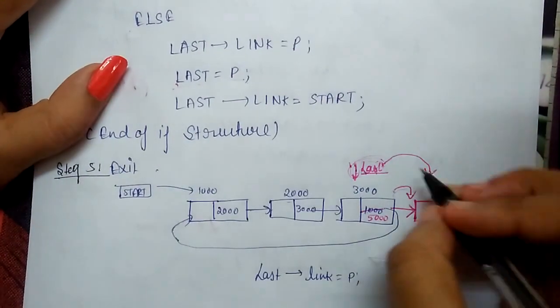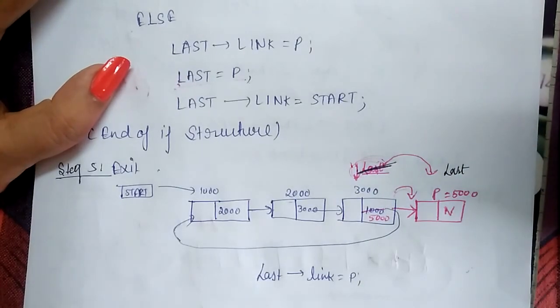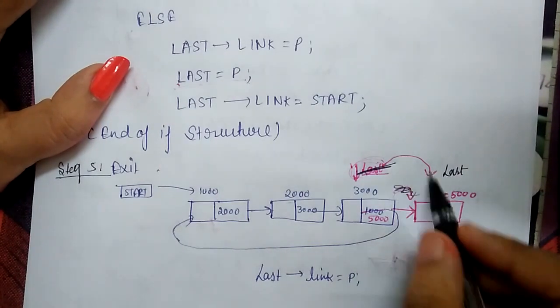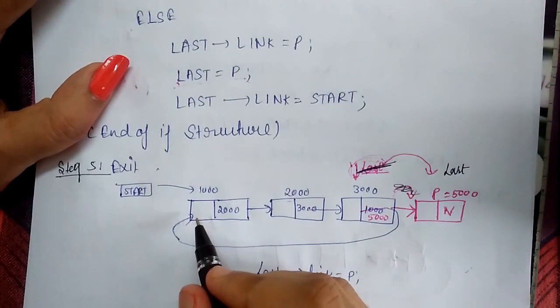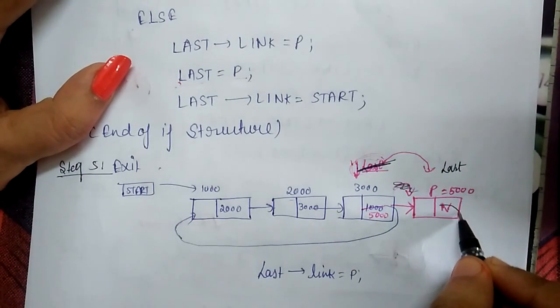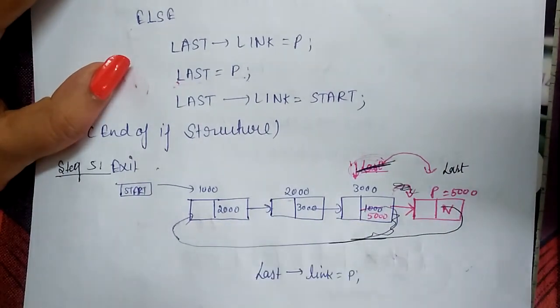Now last is pointing at P, but the second last node contains the address of the first node, and now P is the last node, so P should contain the address of the starting node.